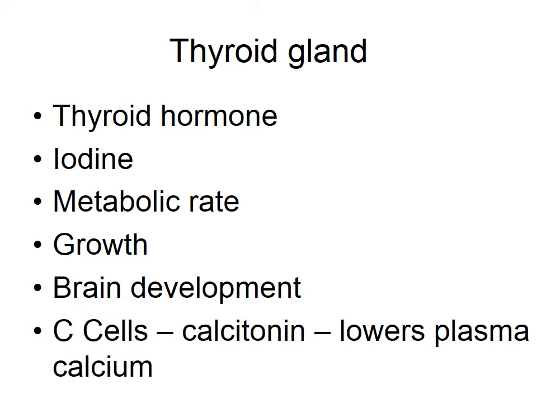Therefore, if there's a deficiency of thyroid hormone for medical reasons, or because there's not enough iodine in the diet, this can result in pediatric hypothyroid syndrome, with stunted physical growth and stunted neurological and therefore mental development. In the old days, we used to call this pediatric hypothyroid syndrome cretinism.